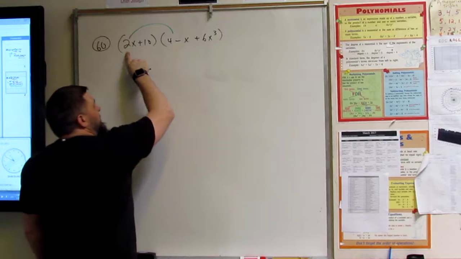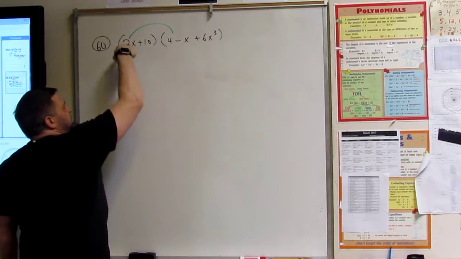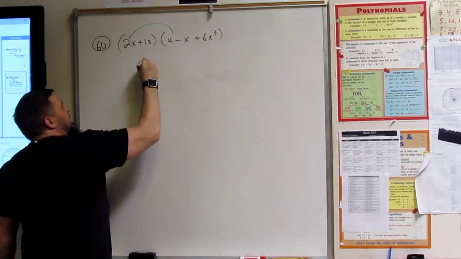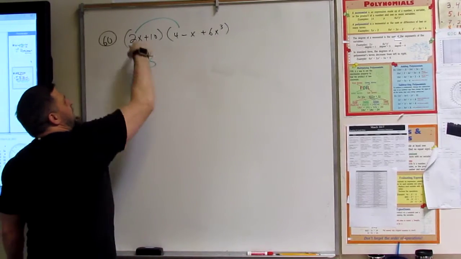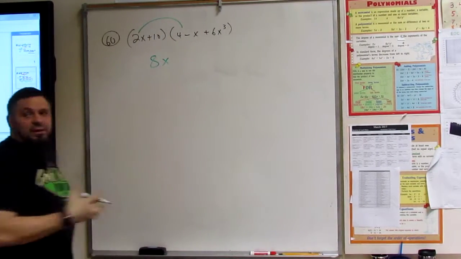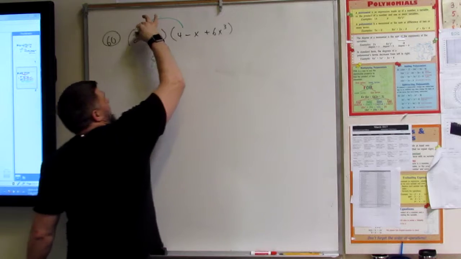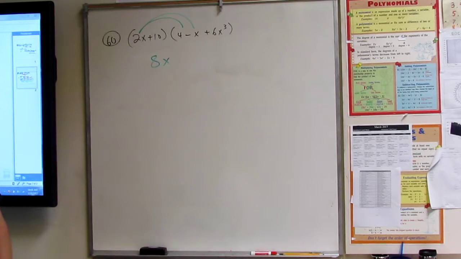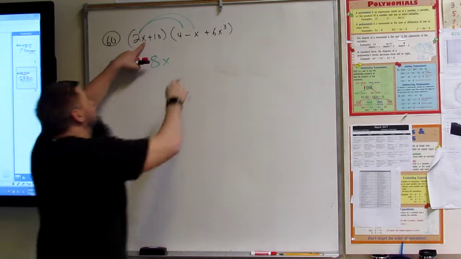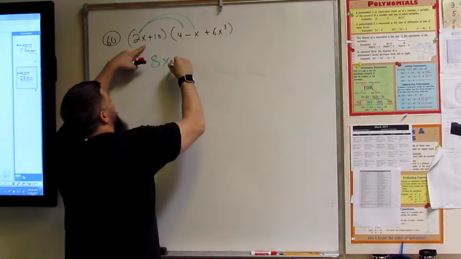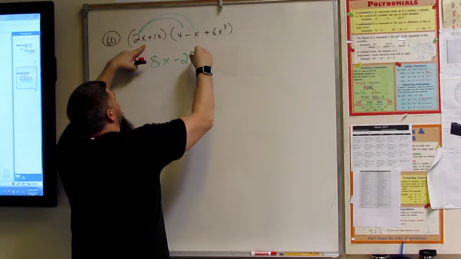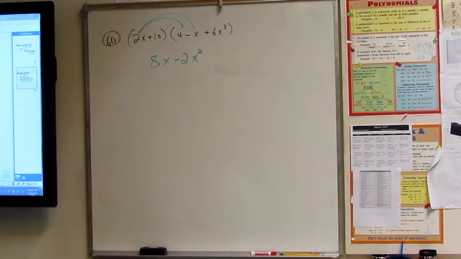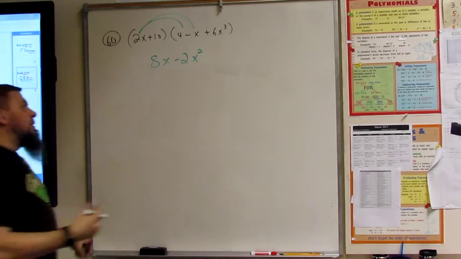Alright, so 2x times 4. What is that? 2 times 4, which is 8. And then how many x's? Just 1, right? Okay? What's 2x times negative x? So it's 2 times negative 1, so negative 2, and then how many x's? 2 of them. So negative 2x squared.